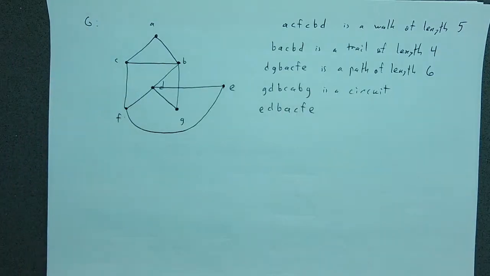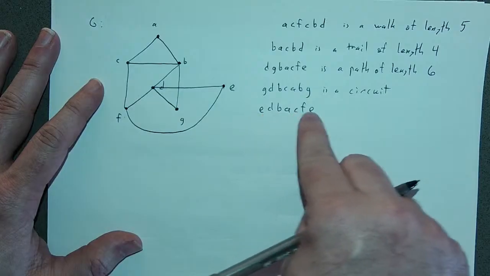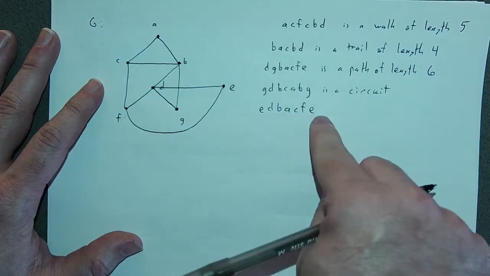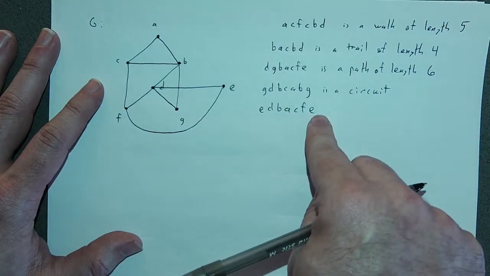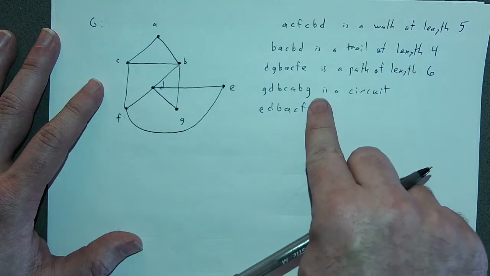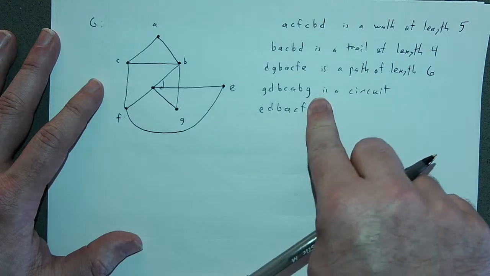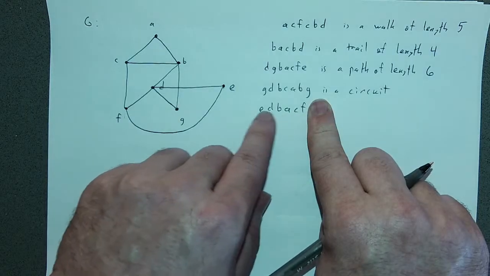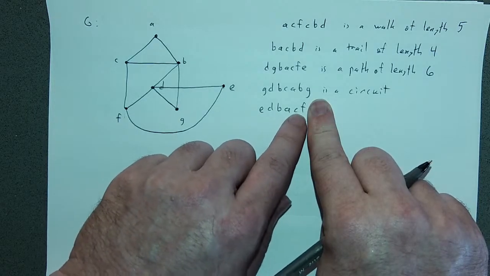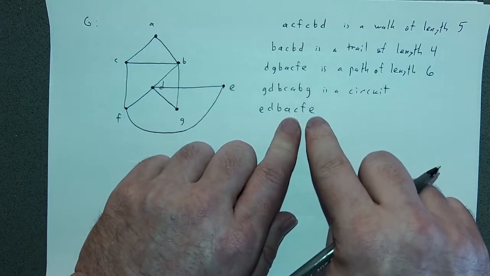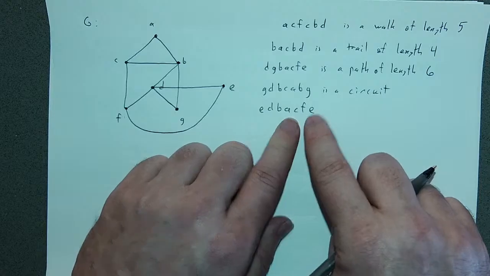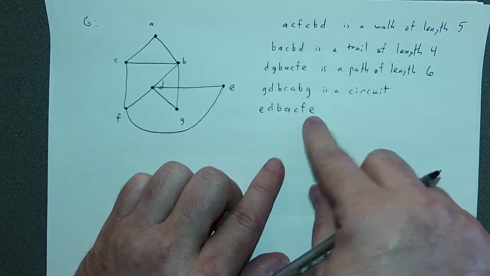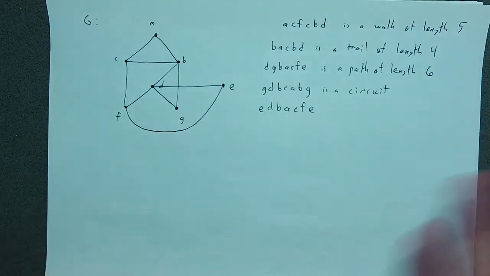But the only repetition that happens is at the end. This is a little different. Because I could consider this path, which has no repetition, taken together with the edge FE. So when I write something like this, and I'm going to say very quickly, this is a path, it's a cycle, actually.